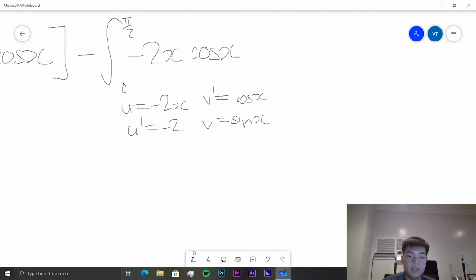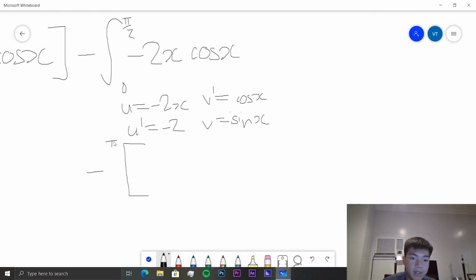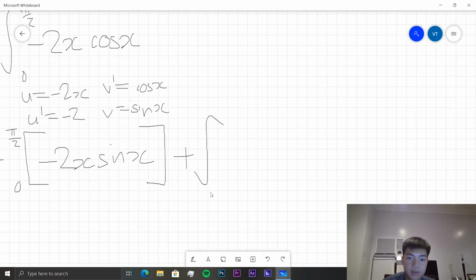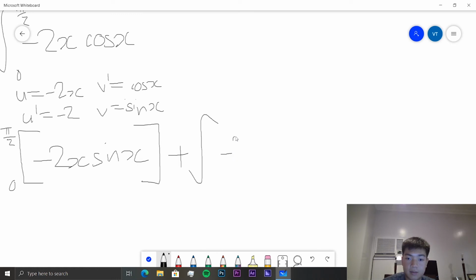So we have this is equal to negative x squared cosine x plus 2x sine x, plus the integral of minus 2 sine x, which of course is equal to plus 2 cosine x.